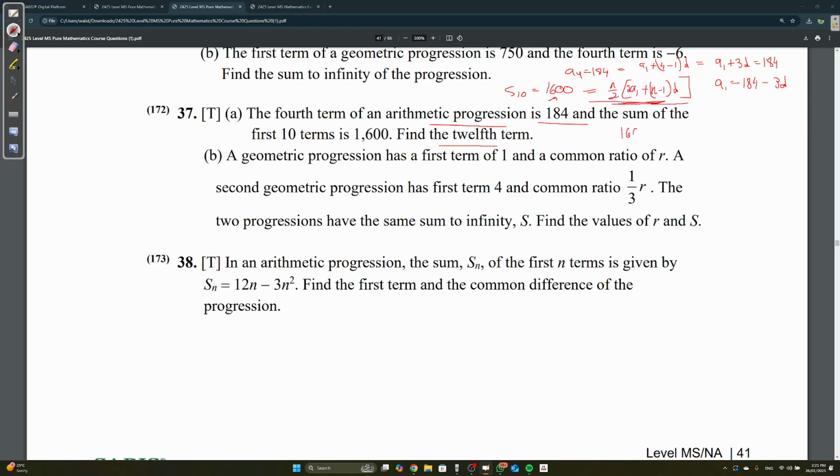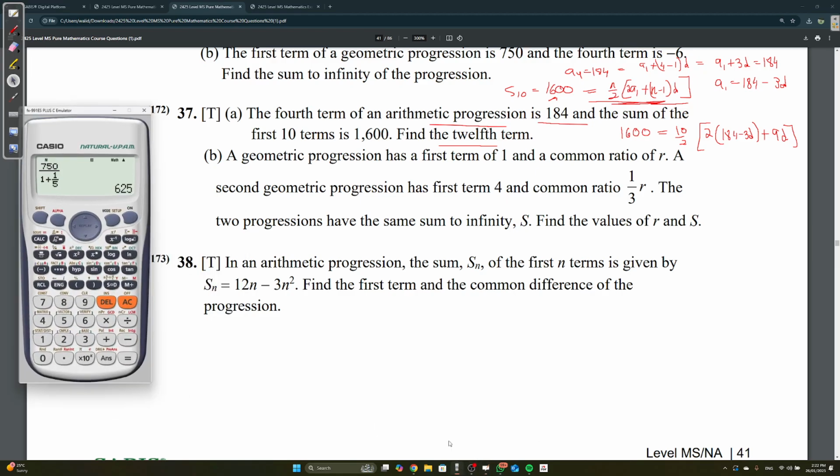We know that the sum of the 10 terms, 1600, equals n over 2, so 10 over 2, times 2a1, which is 184 minus 3d, plus n minus 1 d, so 10 minus 1, 9d. Let's start solving. I'm not going to cancel because you can't cancel the 9 as well. I would cancel only if I can cancel both terms, and I wouldn't want to work with fractions.